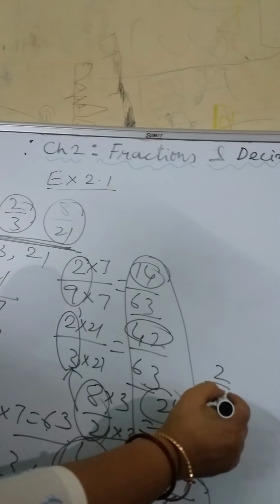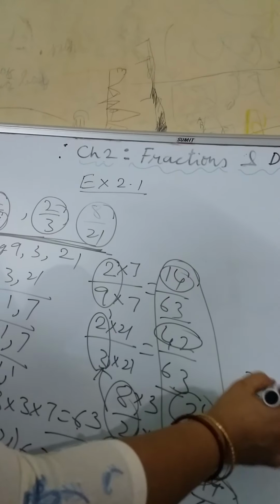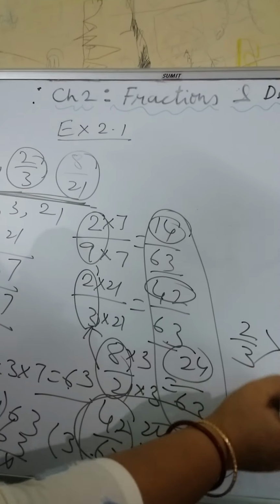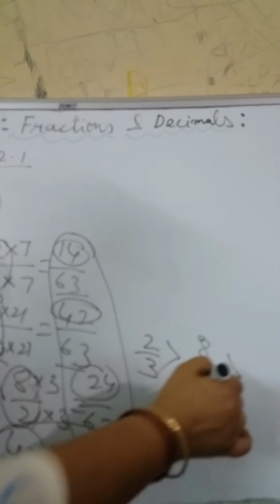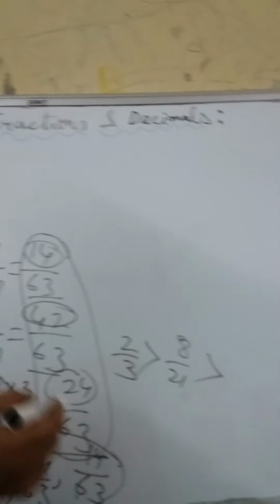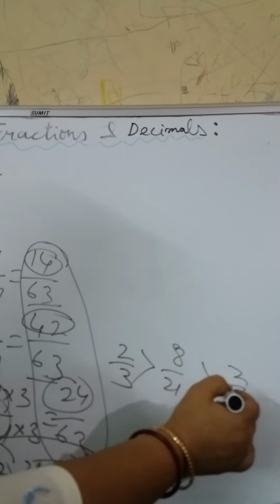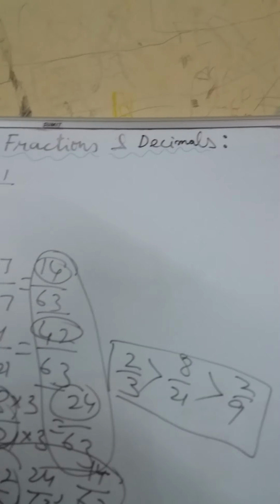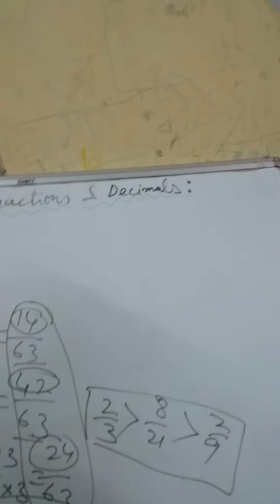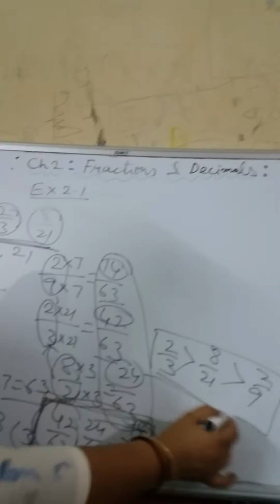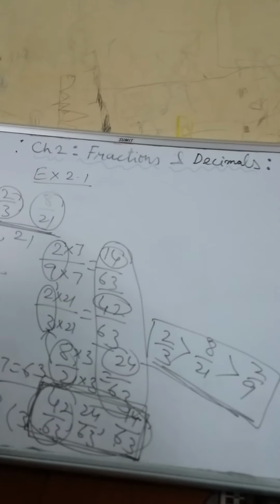So the descending order will be 2 by 3, that is greater than 8 by 21, then 14 by 63 which is 2 by 9. This is your final answer. If you write it as the final answer with denominator 63, this is incomplete. Okay, you have to write the fractions as given. Thank you.